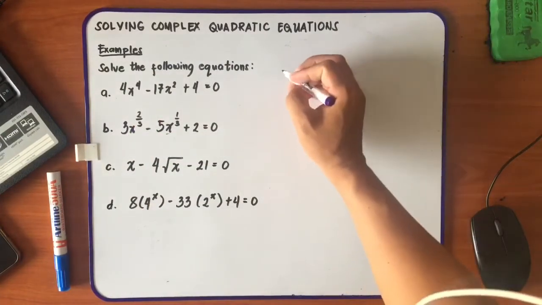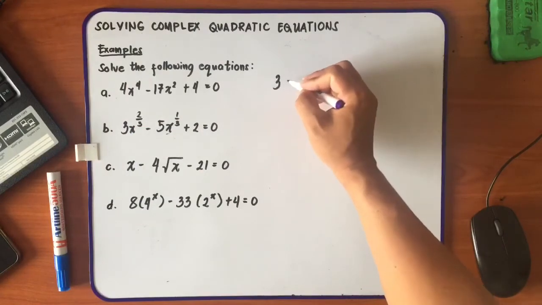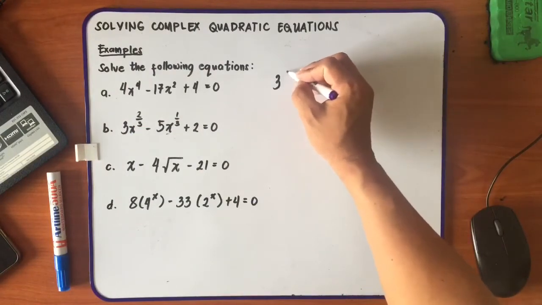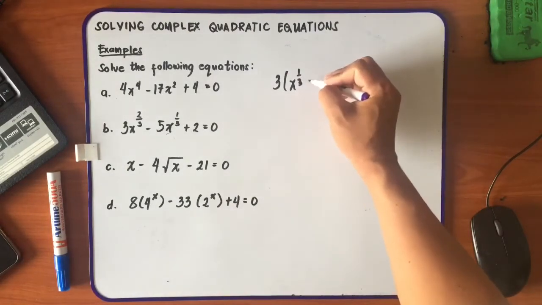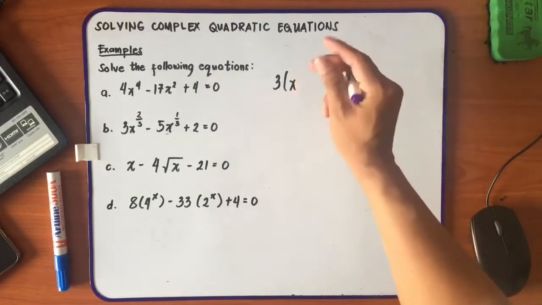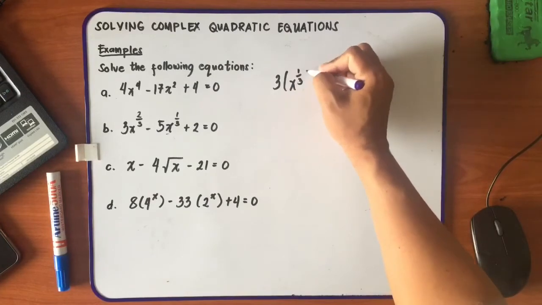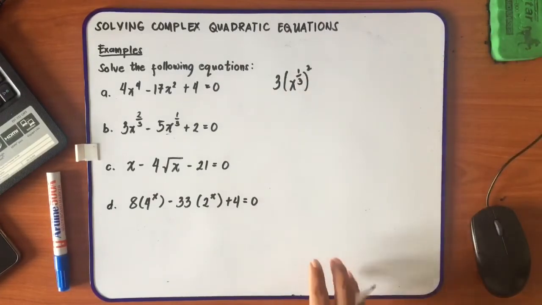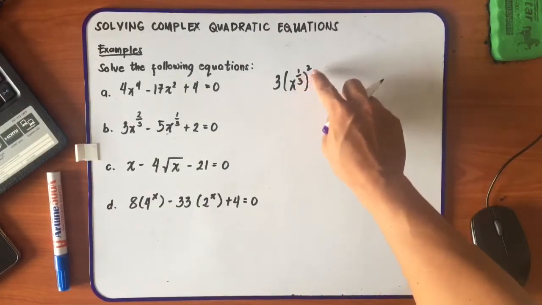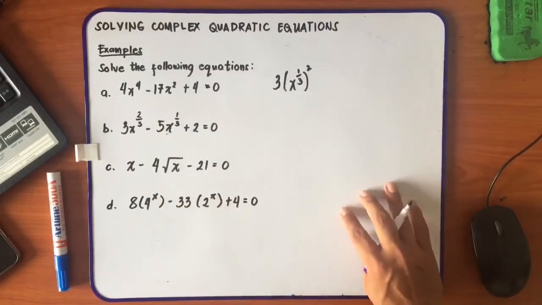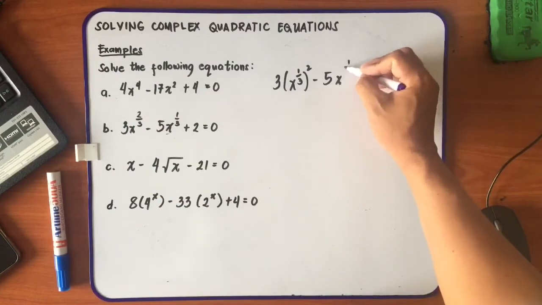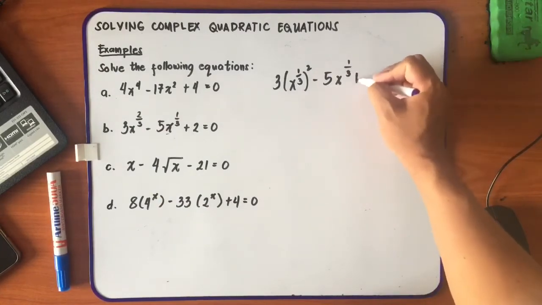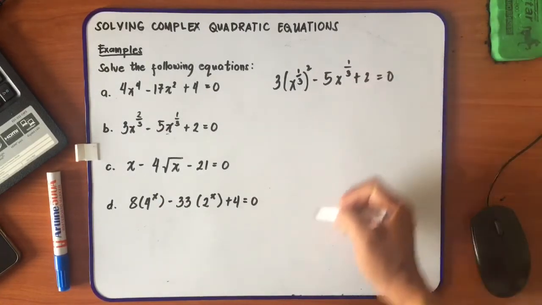So this one can be transformed as 3 times x to the power of 1 over 3, all to the power of 2. Why? Because 1 over 3 times 2 is 2 over 3 basically. Next, minus 5x to the power of 1 over 3 plus 2 is equal to 0.